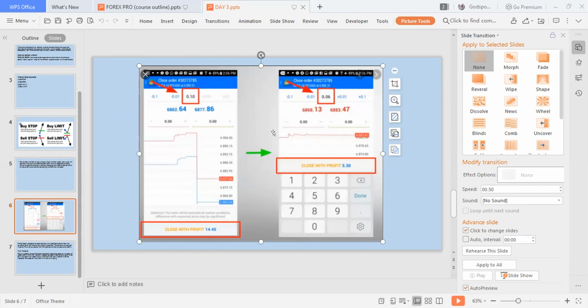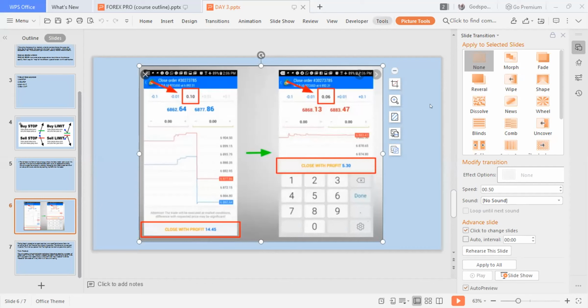He will go to modify and type in 0.06. Merely by typing in 0.06, what do you think will happen? Part of his profit will be shown beneath. That's why you see online that they say close with profit $5.3, and he will close it. And guess what? 0.04 keeps on running in the market.